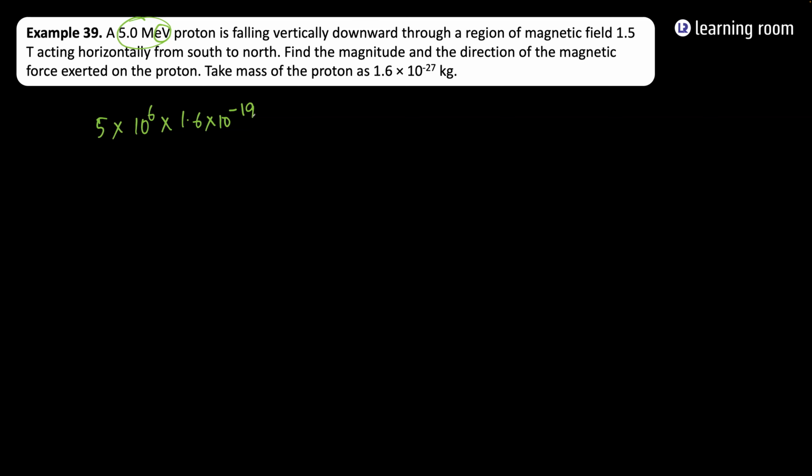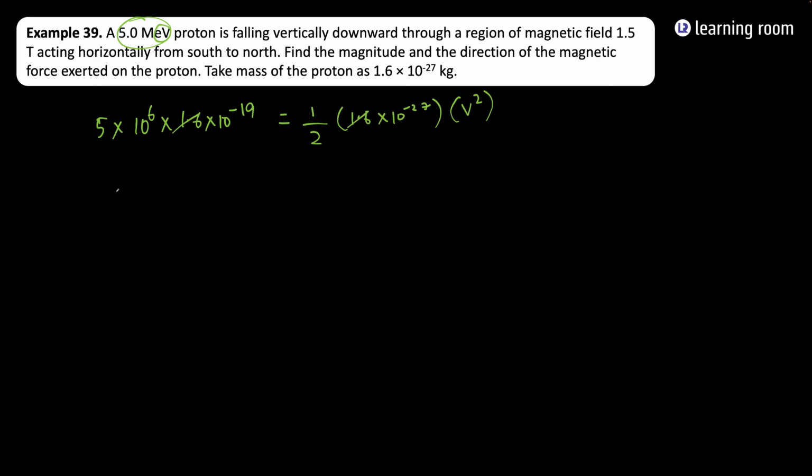This is equal to half mv square. M is 1.6 into 10 power minus 27 into v square. So that this 1.6 and 1.6 is gone. Right.